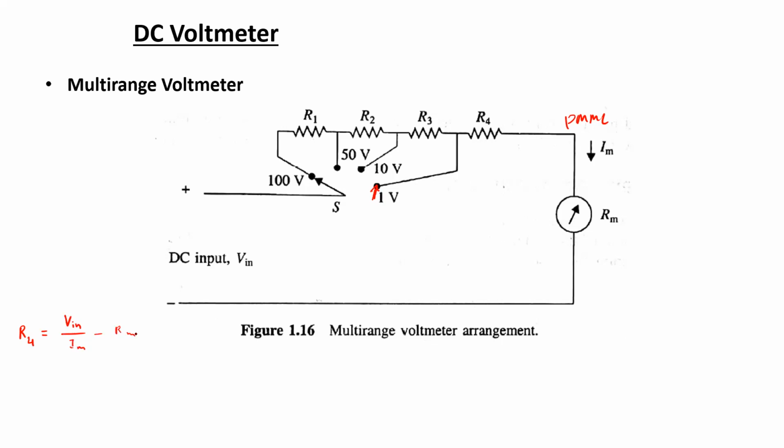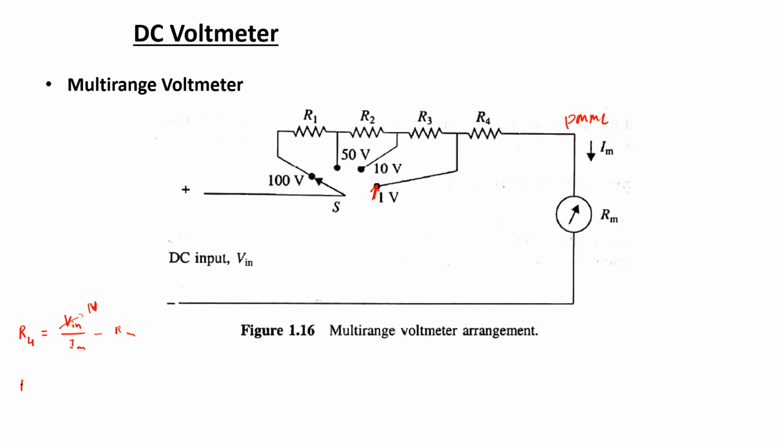So here the value of Vin should be set to 1 volt in order to determine the value of the resistance to measure voltage up to 1 volt. Im and Rm values should be set accordingly as specified for a particular PMMC. So once the value of R4 is determined, the value of R3 can also be determined.